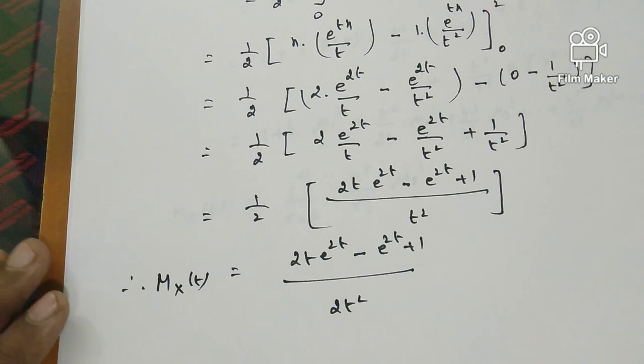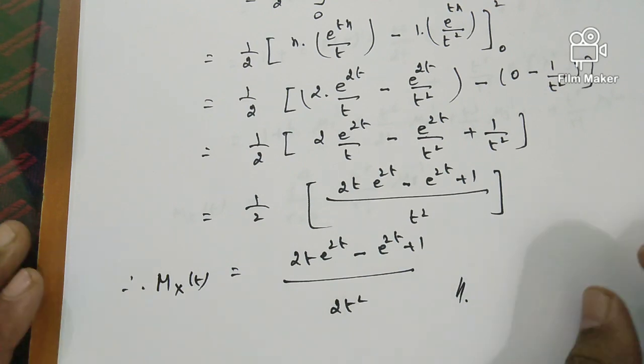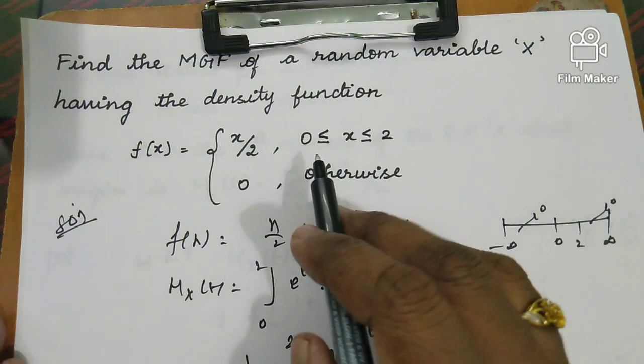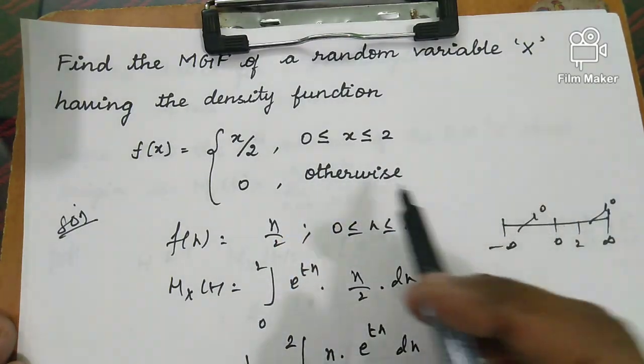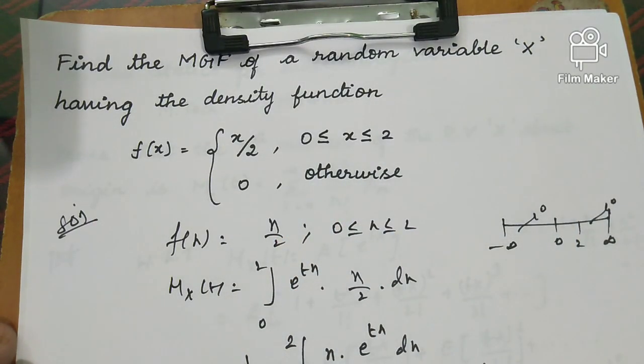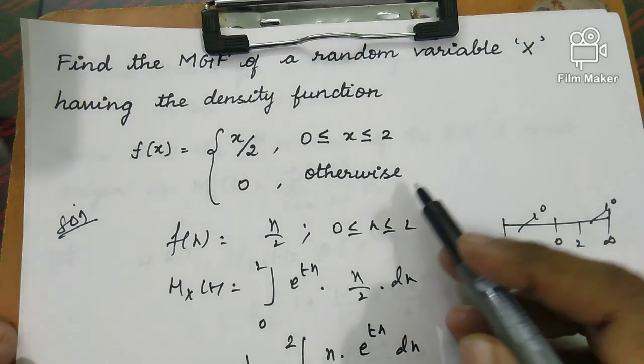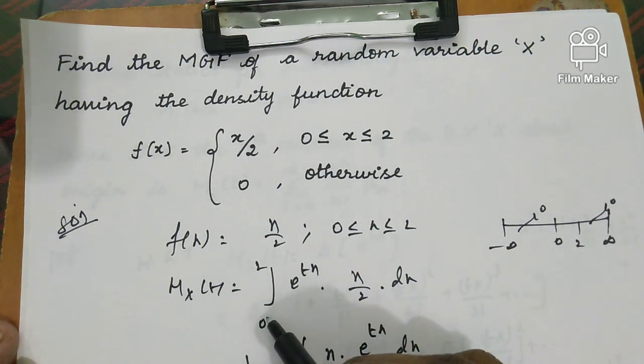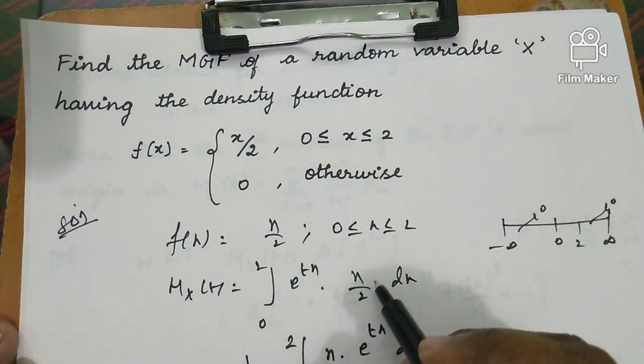So this question is a different question. The p(x) is not given directly, instead it was given in the previous problem. Here it is f(x), so in the continuous case we have the integration of e^(tx) into f(x).